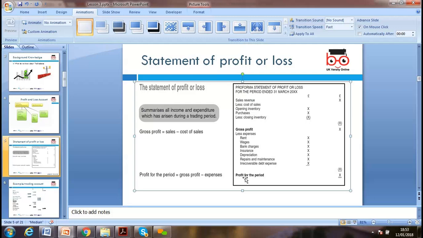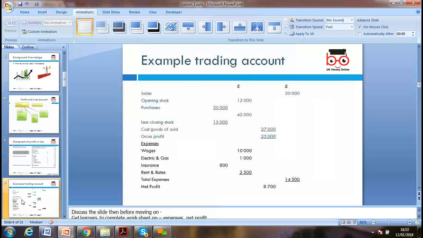Does it make sense? Yeah. Okay. So next, this is an example. We're looking to calculate the profit and loss. So the sales are 50,000. We have an opening stock of 12,000. We have purchases of 30,000. We add them together to become 42,000.